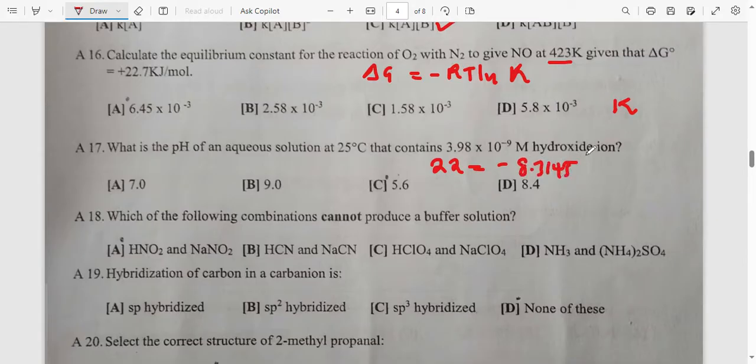And then we multiply with the temperature. Make sure that the temperature is always in Kelvin, and this one is already given as 423 Kelvin, and then natural log of K. So what I'm going to do is first work out the other side of the equation. 8.3145, I'll multiply that by 423.